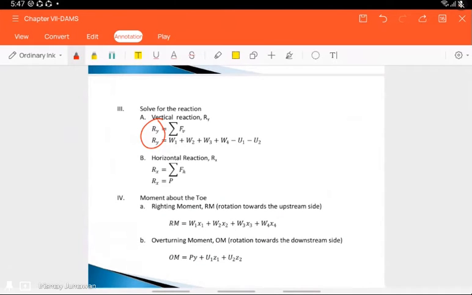Okay, so next is to determine the moment. You have to identify which moment resists and which moment overturns.